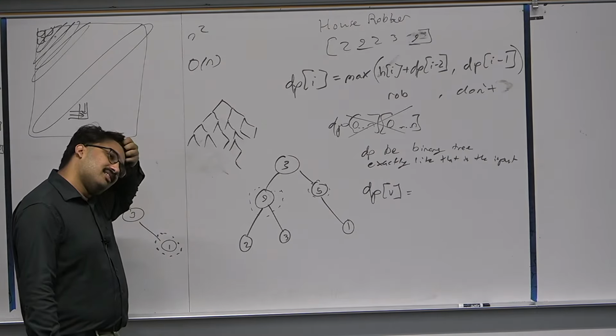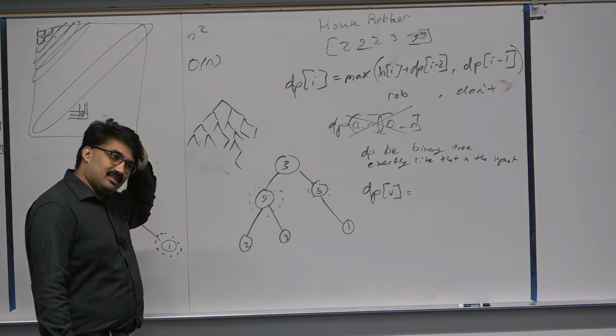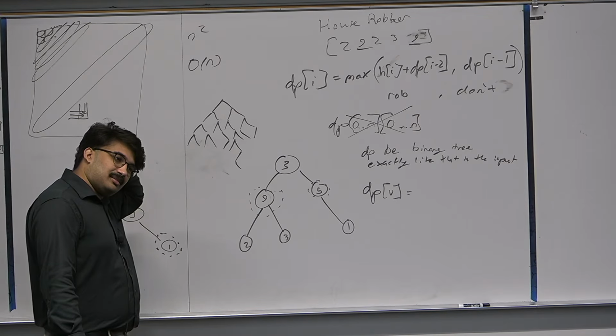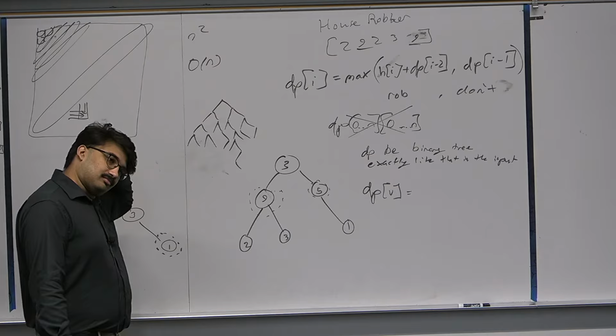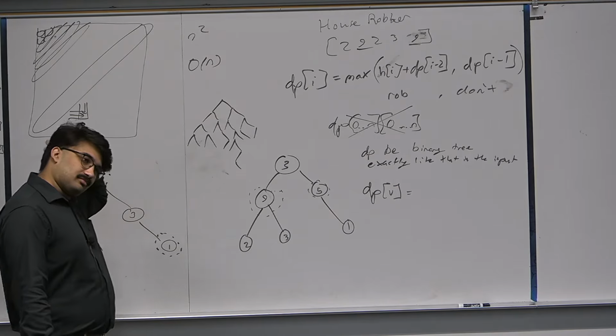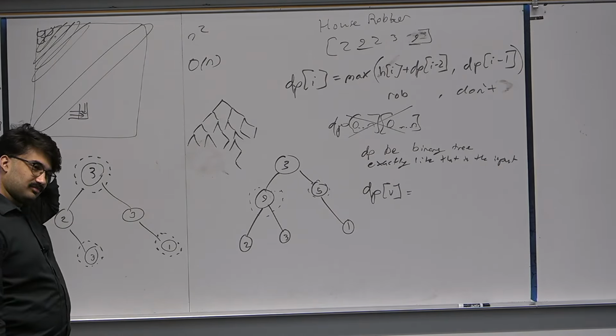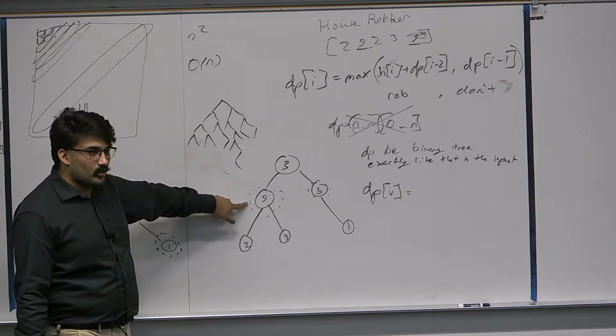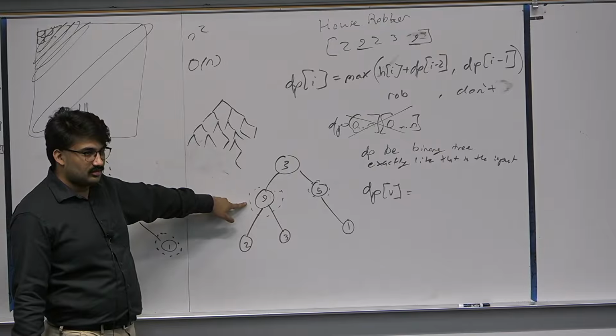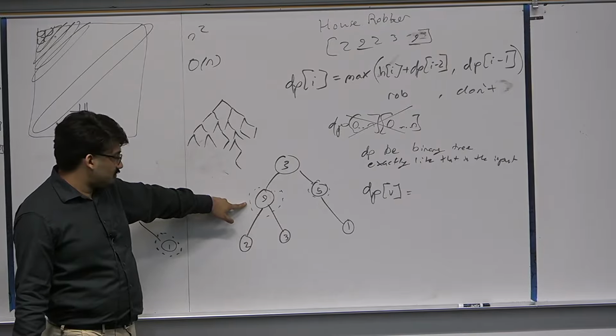I'm not sure how else to describe it. If V was 9, what would be considered? It would be 3, right?